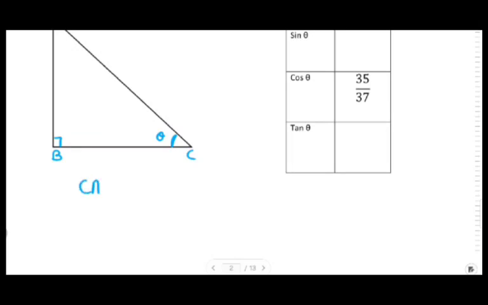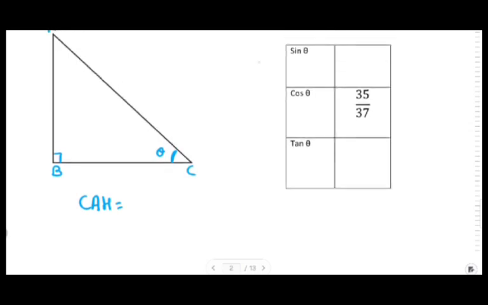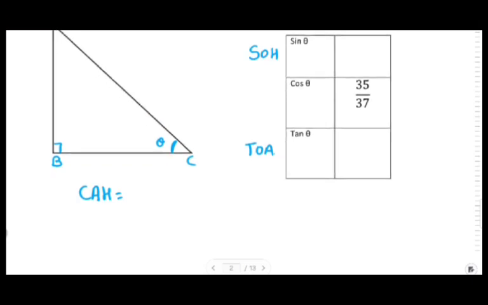What's the rule for cos? It's CAH. Correct. What's the rule for sine? It's SOH. What's the rule for tan? It's TOA. Correct. So for CAH, what do we write? A means adjacent upon hypotenuse.